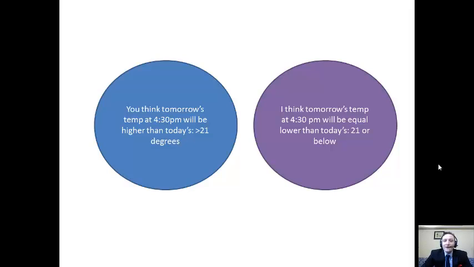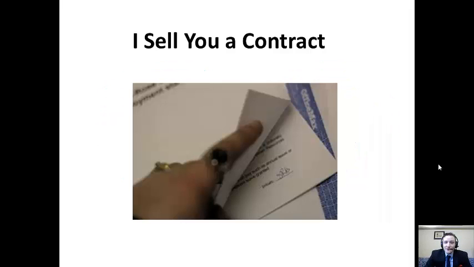Because you are quite confident that the temperature tomorrow is going to be above 21 degrees, talking about Celsius here, you and I sign the following contract. And it's a contract that I sell to you. So what I say is, if you pay me right now, I'm going to sign this contract with you that gives you quite a bit of profitability on your belief that the temperature tomorrow is going to be higher.